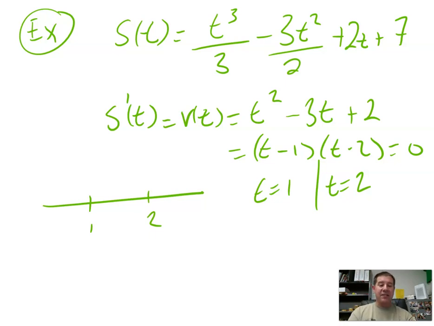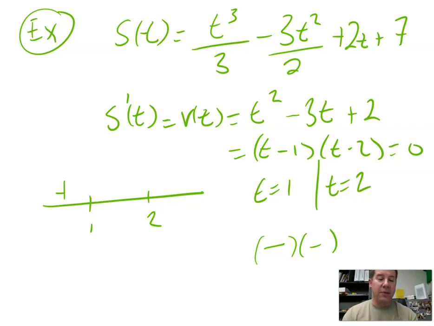And I can plug in values that are in between. Let's say I plug in 0 to this. I really just care about signs. 0 minus 1 is a negative. 0 minus 2 is also a negative. So a negative times a negative is a positive. So over here, that means I'm going to be moving to the right.